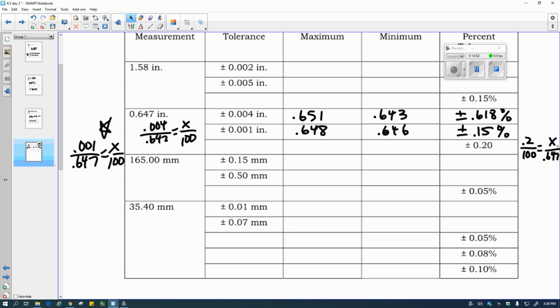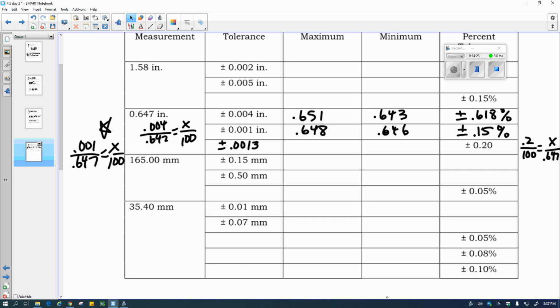So I'll do the 0.2 times 0.647, get that answer, divide by 100, and it's 0.001294. So I'm going to go plus or minus 0.001. I'm just going to go to 13. And then that's what I'm going to add and subtract.